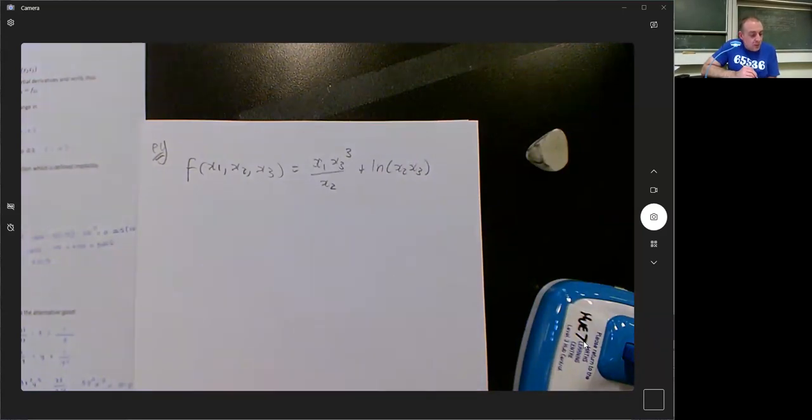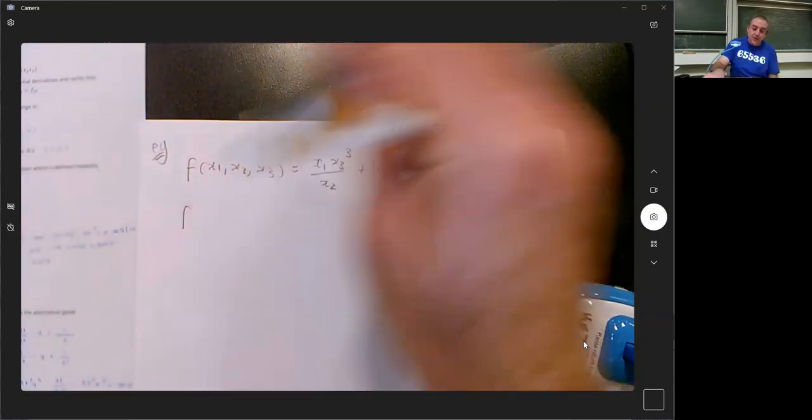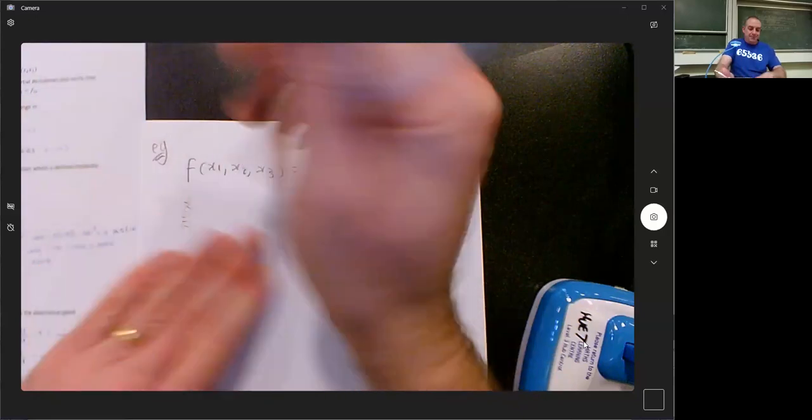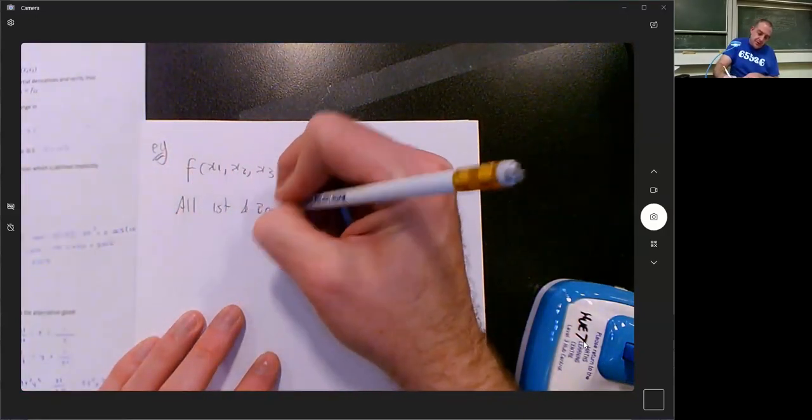Find the expression for all the first and second order partial derivatives and verify that f12 is f21, f13 is f31 and f23 is f32. Okay, sure. So let's do all the derivatives. That's what we're going to do. All first and second derivatives.